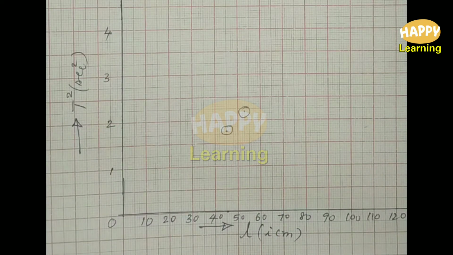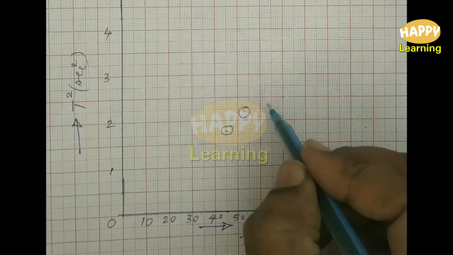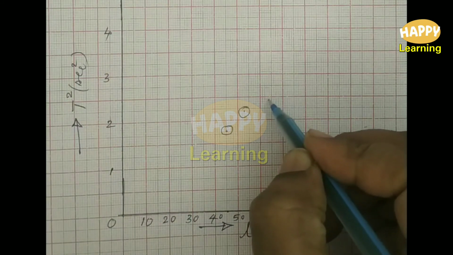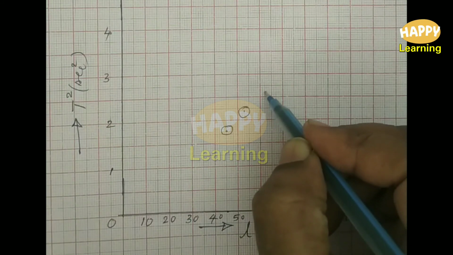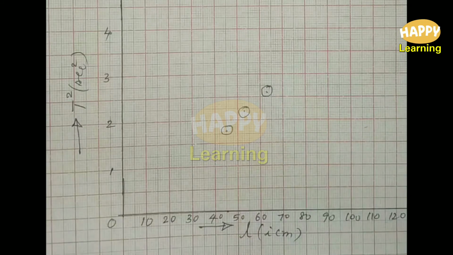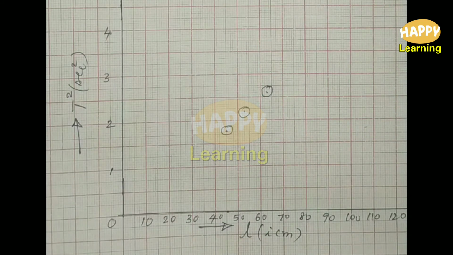Then for 63.3, you can call it as 63. For L equal to 63, the T square value is 2.59, that is 2.6. Then for L value 69.9, you can call it as 70.